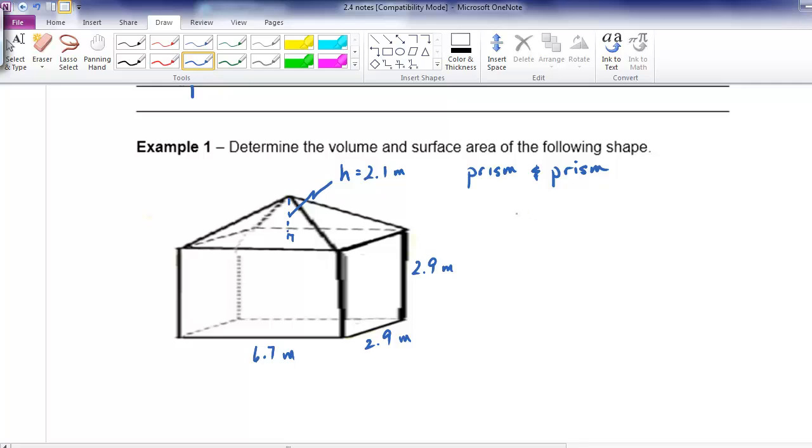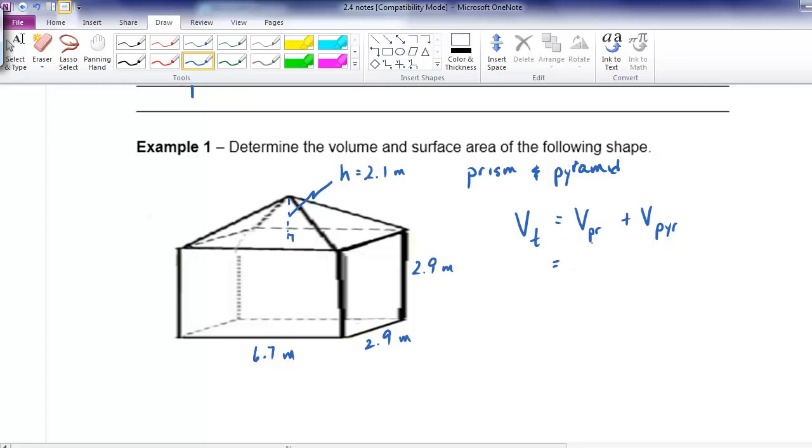So if we're going to figure out the volume of this, I'll call it volume total, it is equal to the volume of the prism plus the volume of the pyramid. And again, it's a really good habit to get into writing the volume formula.